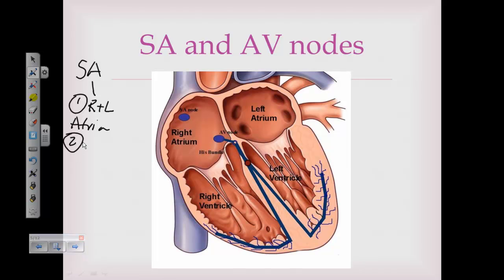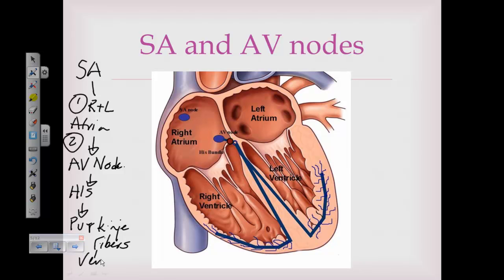The second thing it's doing is passing the message on to the AV node, the second node, also found in the right atrium, not as high up, sitting down a little lower. The AV node then passes the nervous message along through the bundle of His. We see it here. Then this passes the nervous message on through the Purkinje fibers, and the Purkinje fibers cause the right and the left ventricles to contract.